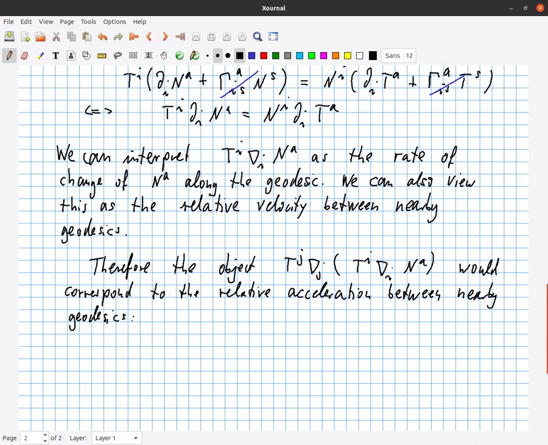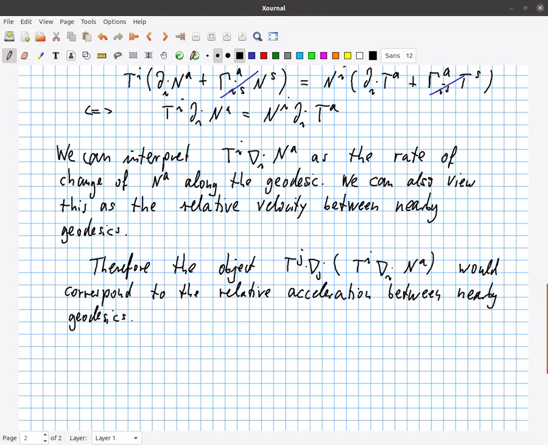And if we hear something like relative acceleration between nearby geodesics, you should be immediately thinking about Newton's laws, which tell you that a force is related to an acceleration, which means it is through this equation that we can somehow connect the concept of a gravitational force to some geometrical quantities, which will appear in this derivation.